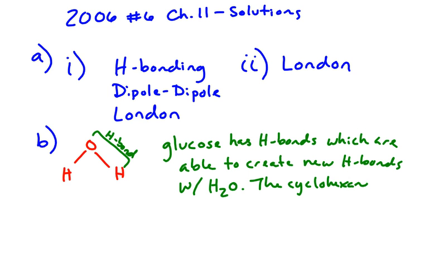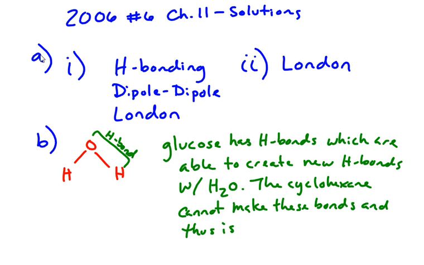Cyclohexane cannot make these bonds, and thus is not attracted to H2O.